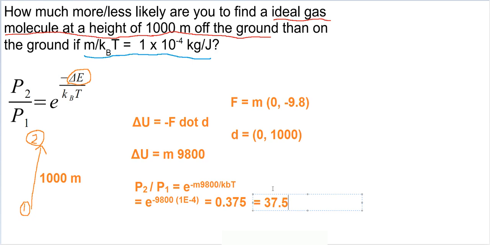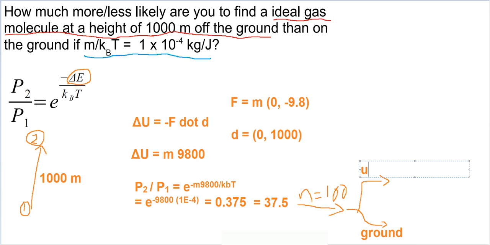So if you find, say, 100 molecules on the ground, right, so if you take this and we extend it to a system of 100 molecules, let's just switch this around. So basically if you have a system in which n is equal to 100, you will find a differing number as we're up in the air.